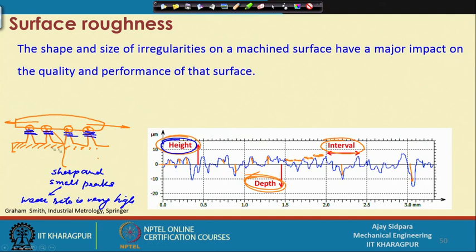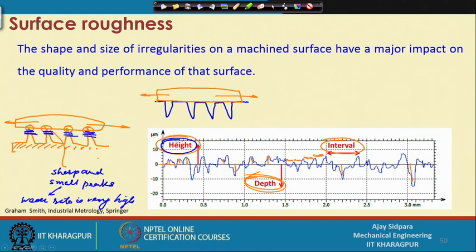Now, take the same surface and let us just reverse it. We have not done anything else, just reversed the surface, and let us put the same component on top. This is the same component, and again we are moving in both directions.